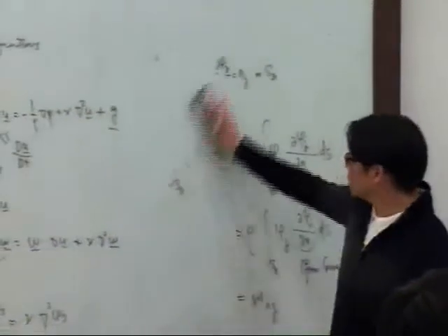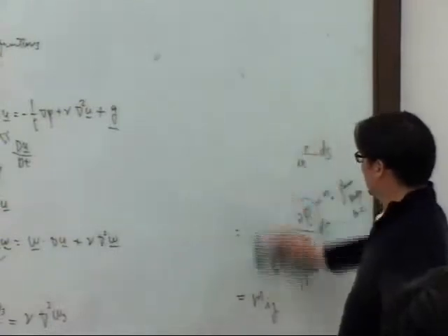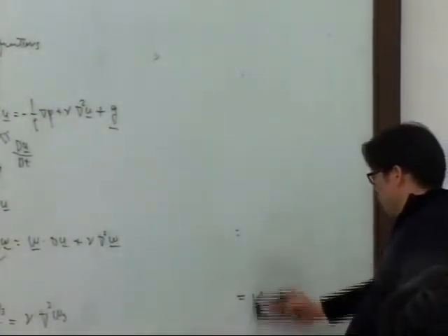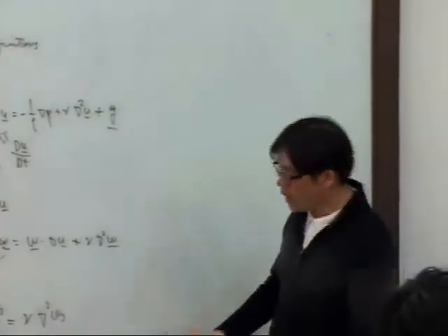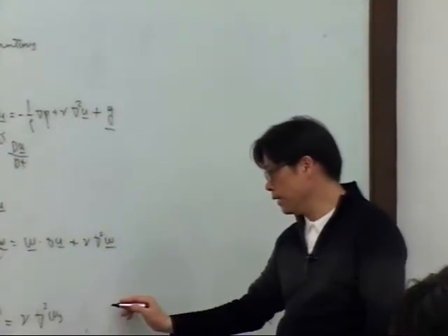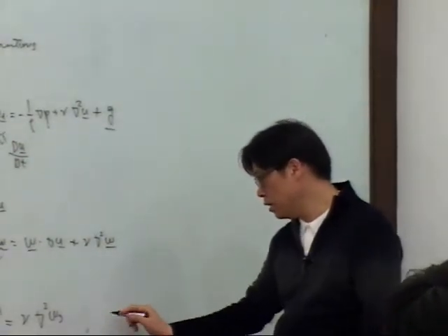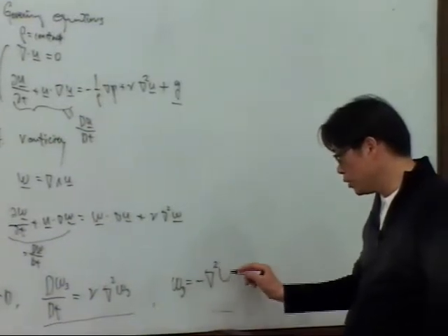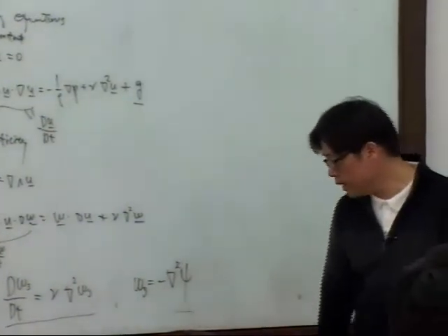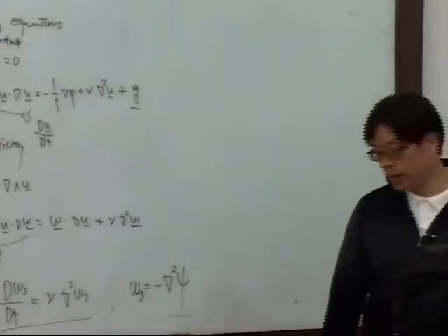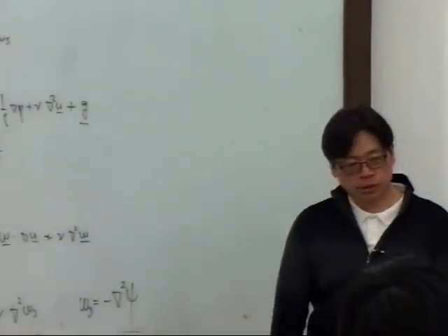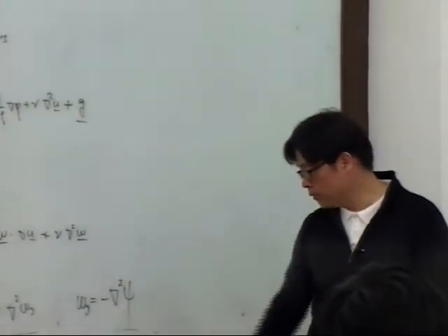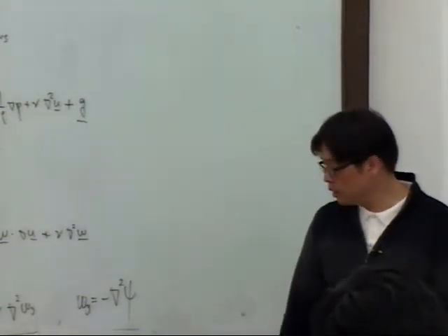And also, I introduced the stream function psi in this way. So for a two-dimensional problem, we can introduce the stream function psi, and that's how we define the vorticity in terms of the stream function.